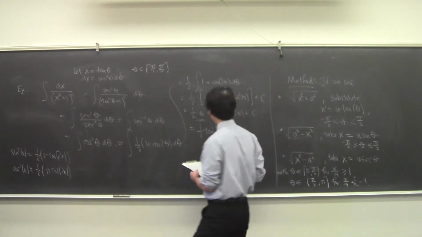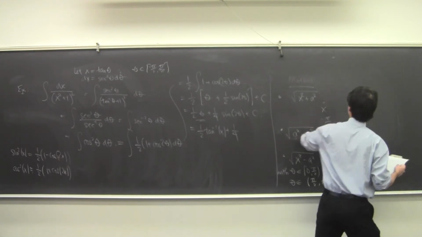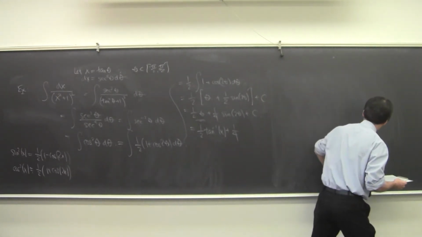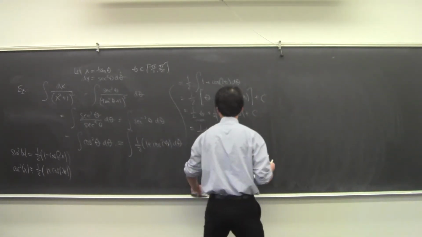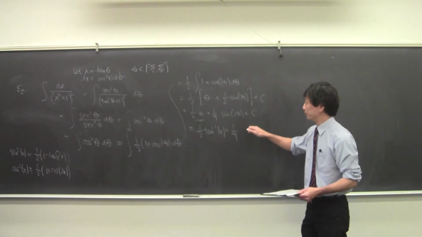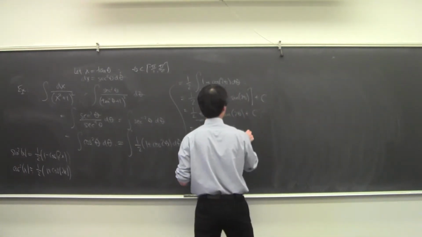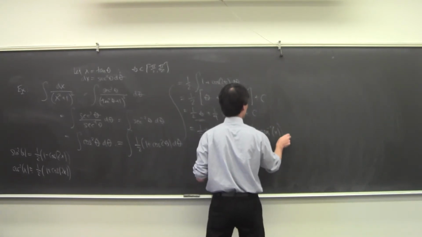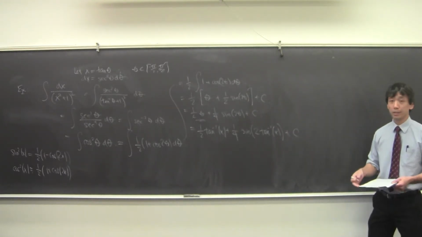Okay, so let me say it this way. Sine of 2 arctan x. Right, theta is arctan x.